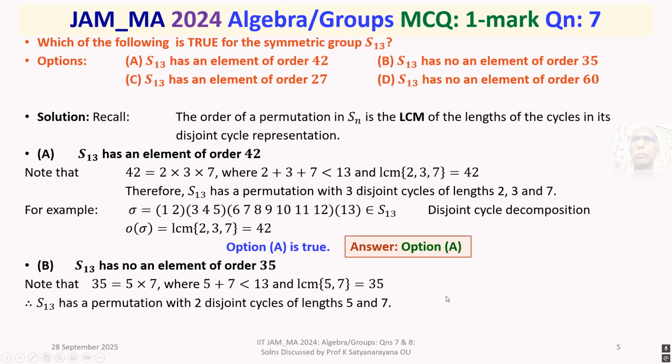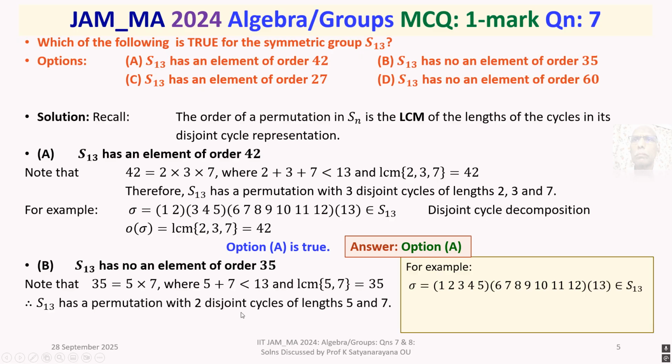You can write down an example. Let sigma be equal to the cycle of length 5, (1 2 3 4 5), and a disjoint cycle of length 7, (6 7 8 9 up to 12), and 13 is fixed. This is the disjoint cycle decomposition of sigma, and the order of sigma is the LCM of 5, 7, 1, which is 35.